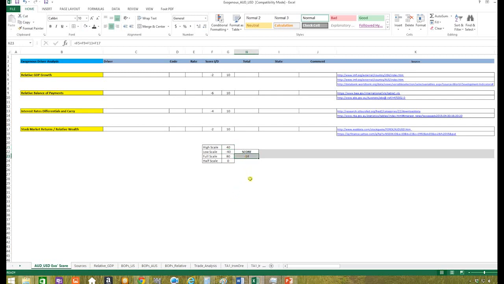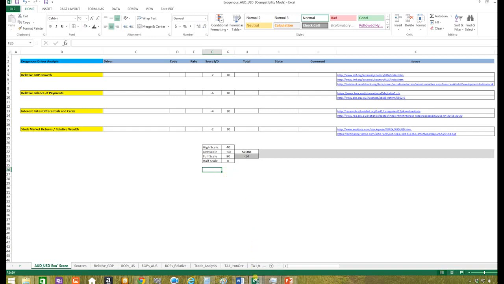Our total score is coming in at -14. So on our overall scale, we have a mildly deflationary number overall for Australia. So a mild short bias, or fundamental predisposition, of short Aussie dollar US dollar.